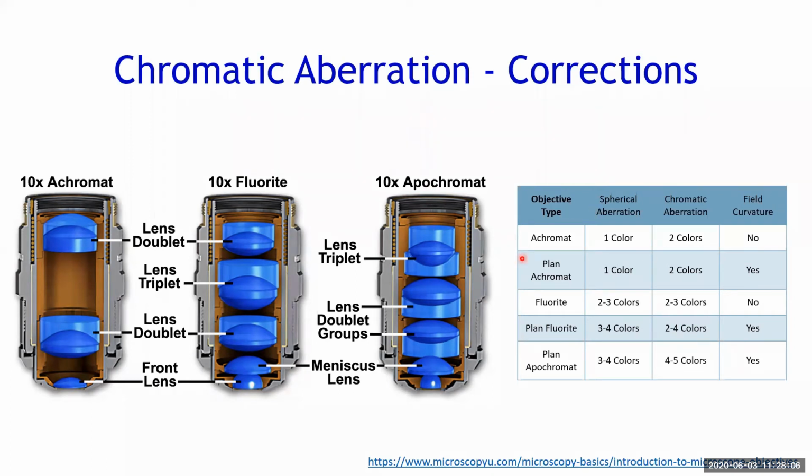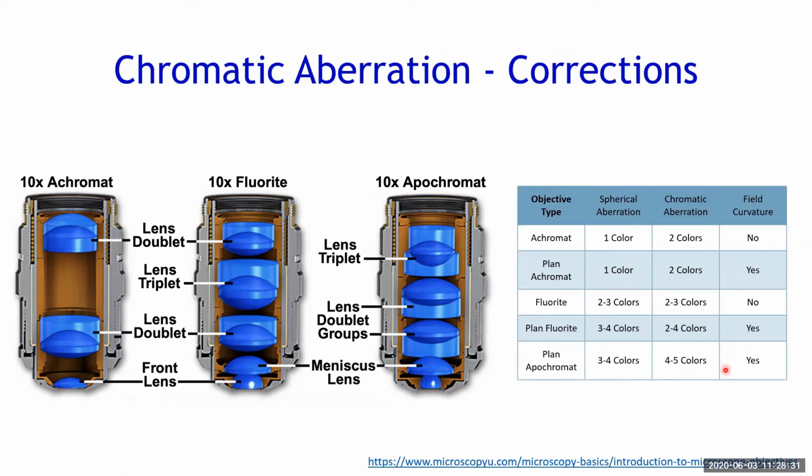So you can see the different naming systems you have. Fluorite and apochromat stand for the type of color correction that you have. And then plan indicates that it's been corrected for spherical aberration and flatness of field. Of course, the best here is plan apochromats.